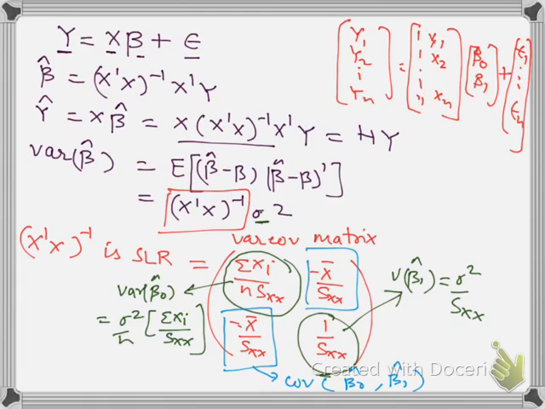One additional thing that we need to do is to figure out this nuisance parameter, sigma, the estimate for sigma square.